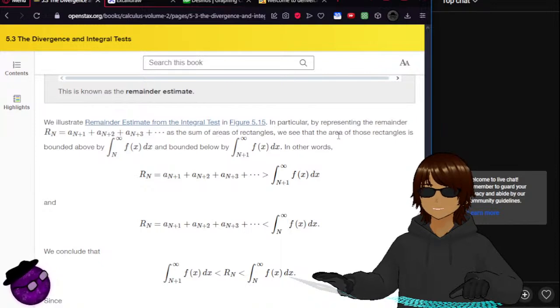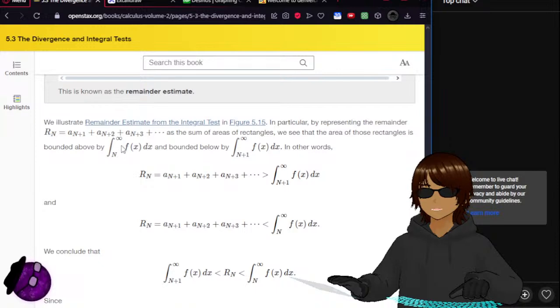We see that the area of those rectangles is bounded above by the integral from n to infinity, and bounded below.